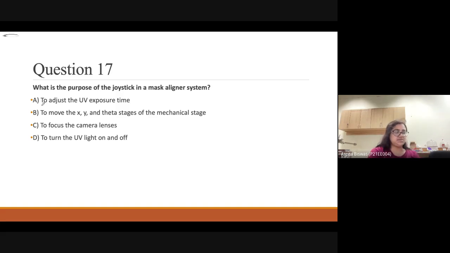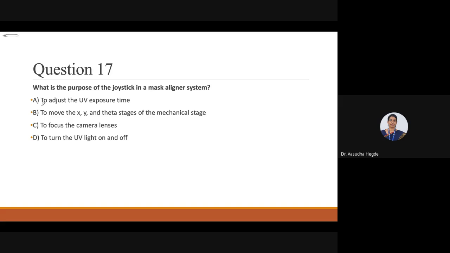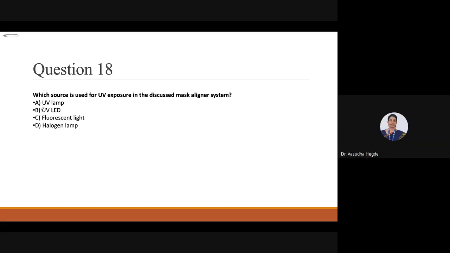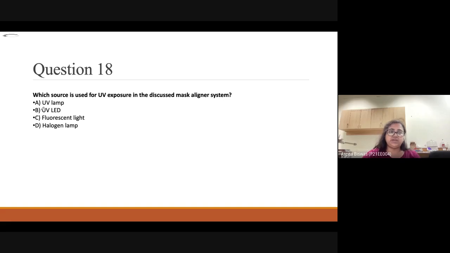So what is the right answer? I think it has to be B, to move the X, Y, and theta stages, because the joystick is always for movement. For the mask aligner, it is only used for movement in the X, Y, and theta directions. Correct.